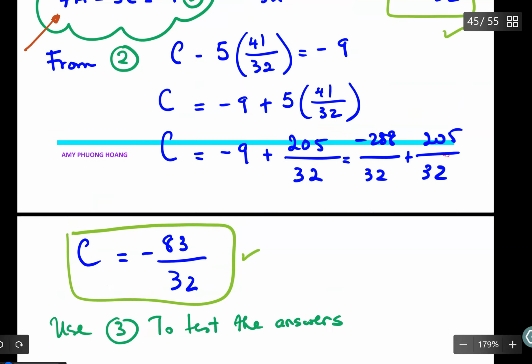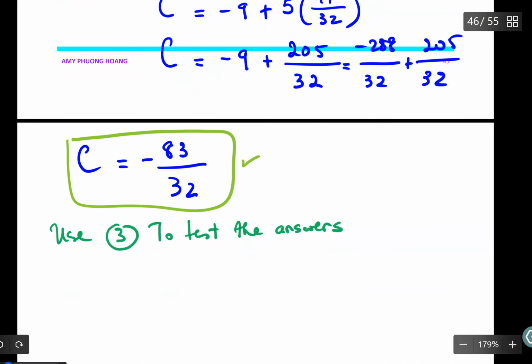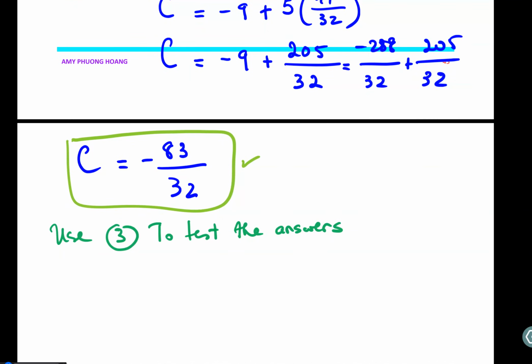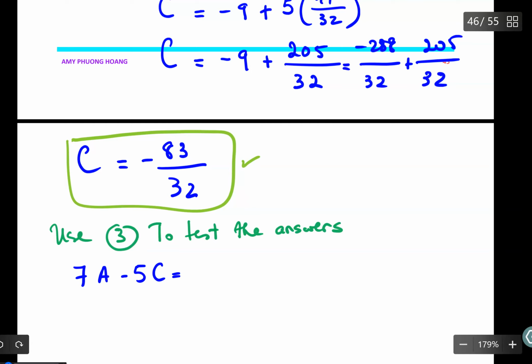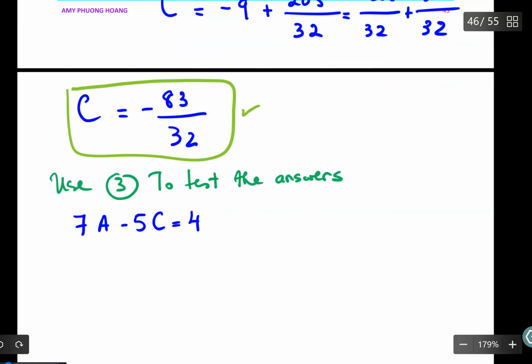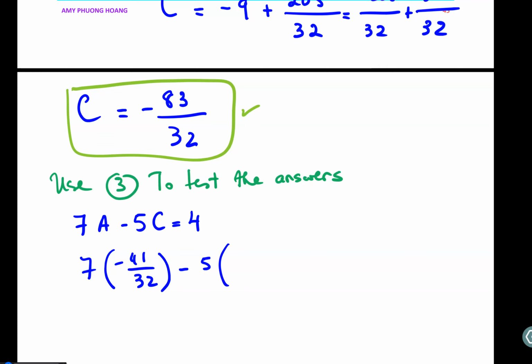Alright, okay, so in equation 3, what I have is 7a minus 5c equal to 4. So what I have is 7 times negative 41 over 32 subtract 5 times c. I just found that as negative 83 over 32.